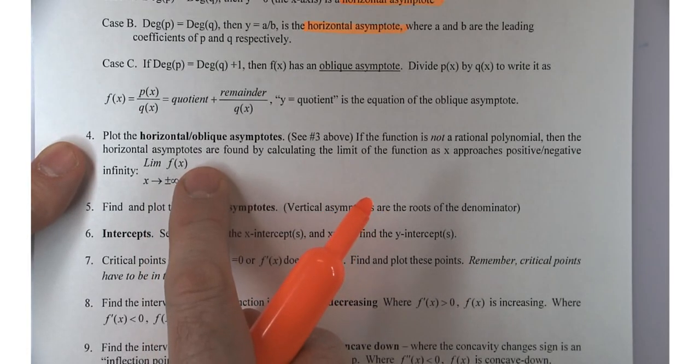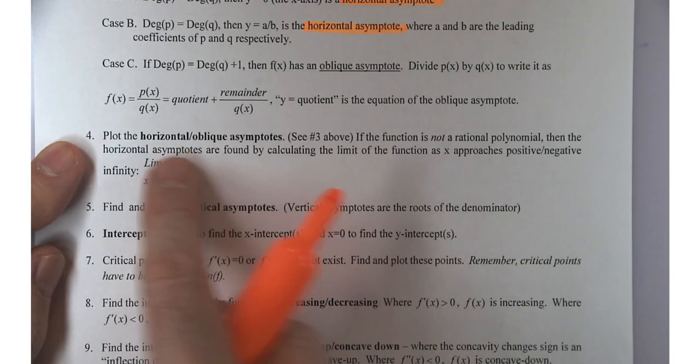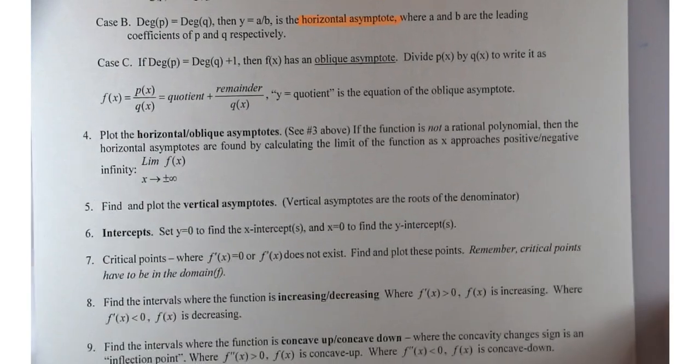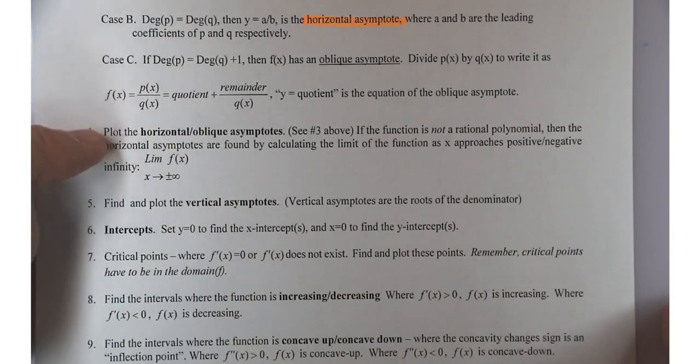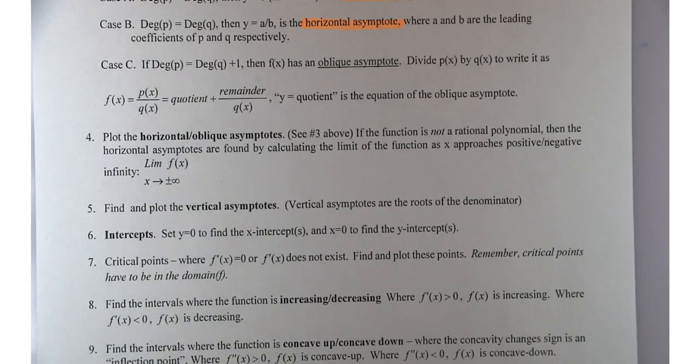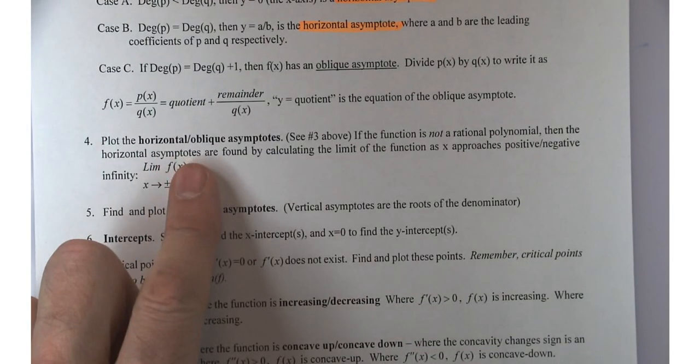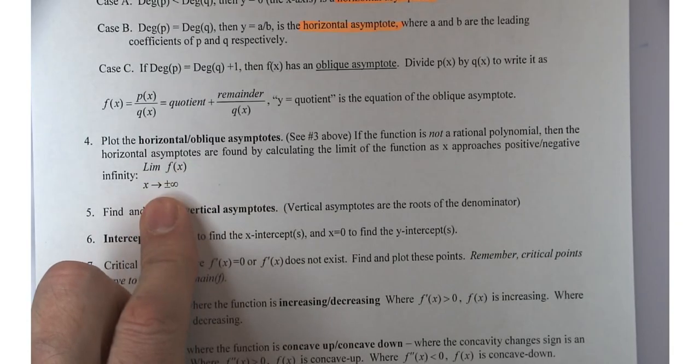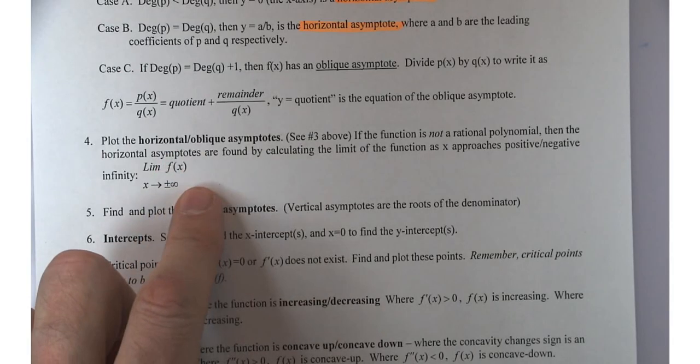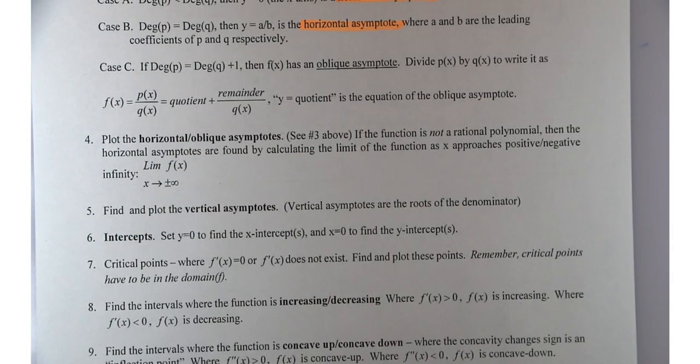If that has a limit, then that's where your graph's going, that horizontal line. A lot of times on an exam, I'll ask you to calculate and show calculations for your asymptotes. If you can find the limit as x approaches plus or minus infinity and get a finite number, then you've got a horizontal asymptote.